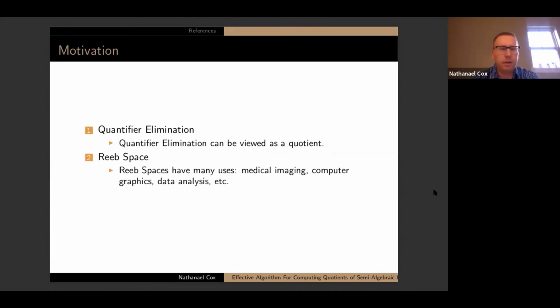So this would be a nice way to find that if you really need the semi-algebraic description of your Reeb spaces. And then there exist some other algorithms that do this, but none that find quotients, none at this level of generality.